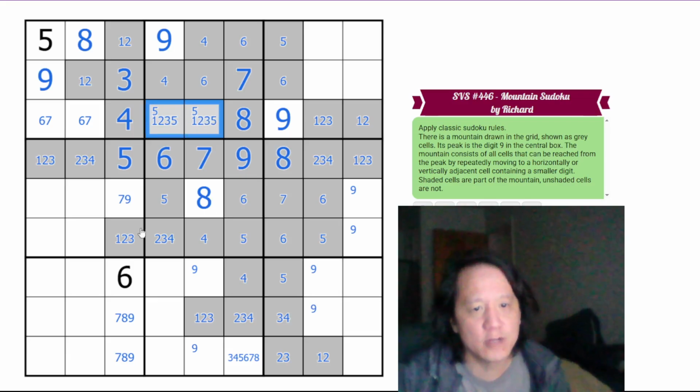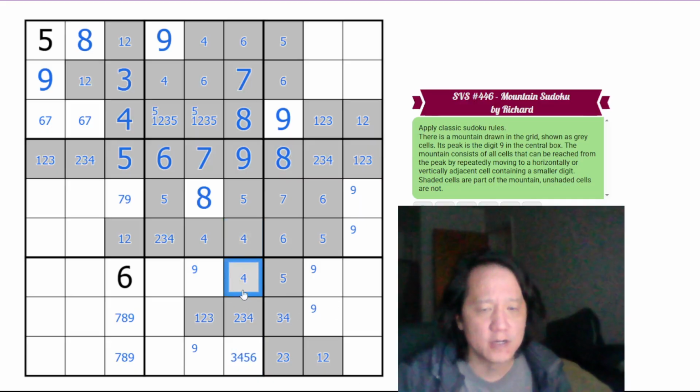This can't be 4 anymore. This can't be 3. This 1, 2 matches this 1, 2. This can't be 6, so this has to be at most 5, which means this is at most 4. This can't be 7 or 8. This could still go this way to be 4. So that's fine. 5, 4, 5, 4. So then this would be 3 at best. So this is 1, 2, or 3.